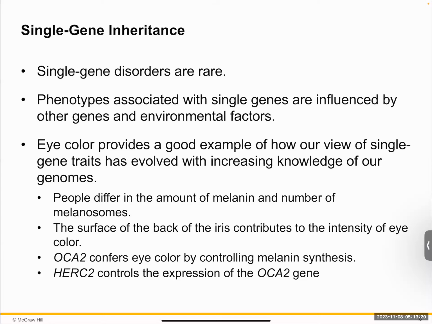Now, let's take a look at this. For instance, phenotypes associated with a single gene are always influenced by other genes and also by some environmental factors. So we're talking about epigenetics. For instance, I talked about eye color earlier, right?